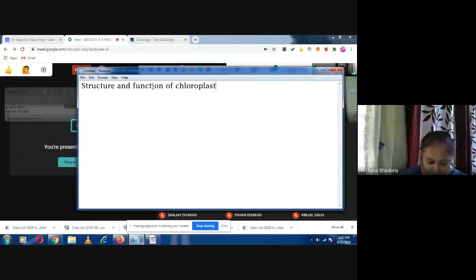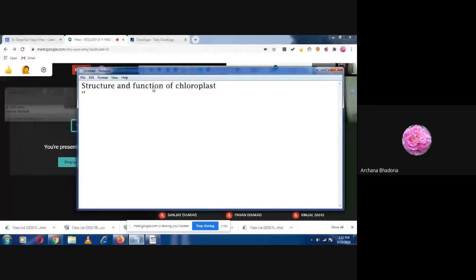Then write down the next one, structure and function of mitochondria. You can write it like this only.